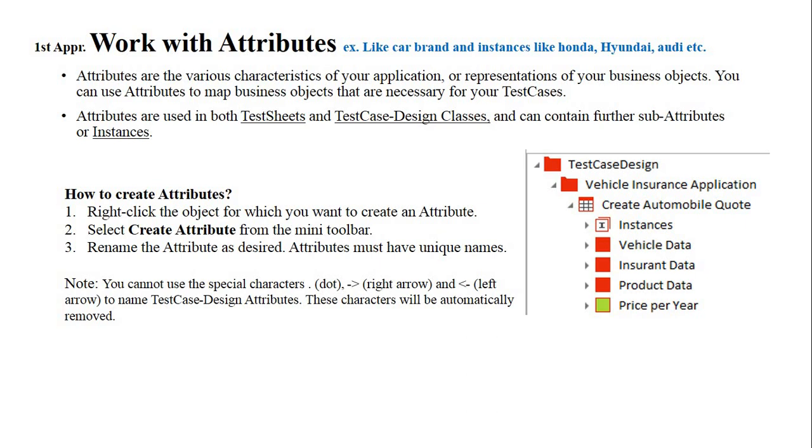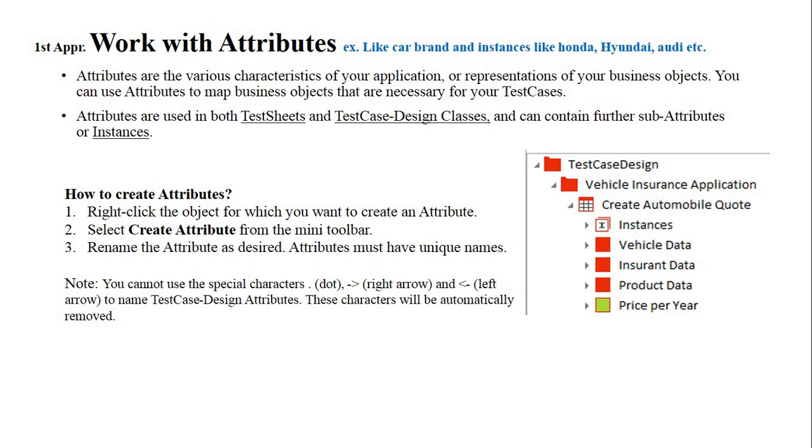Okay, in the last lecture we have seen how to create a test sheet, and we also discussed one scenario of a login functionality, right? So moving forward to learn more concepts of test case design, we have selected the login functionality scenario.